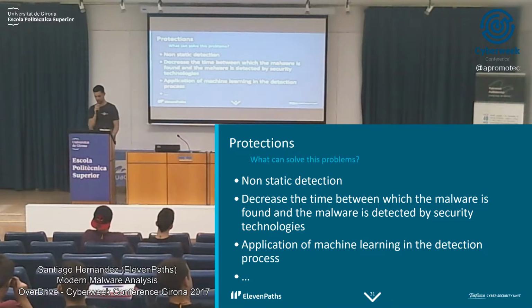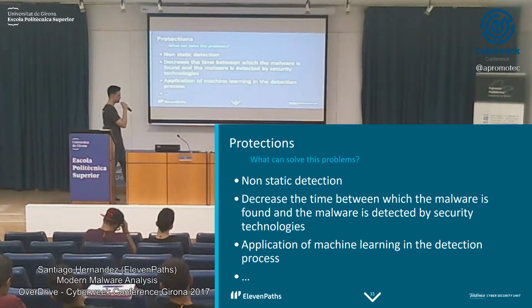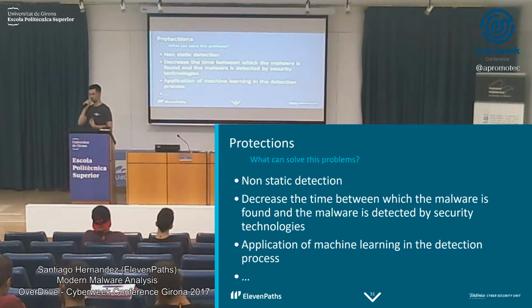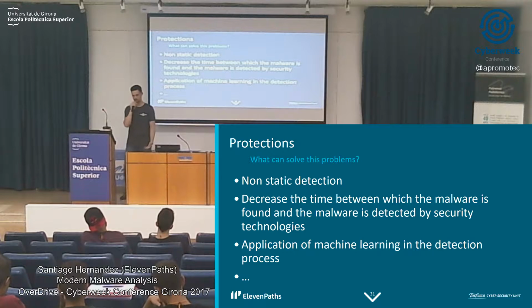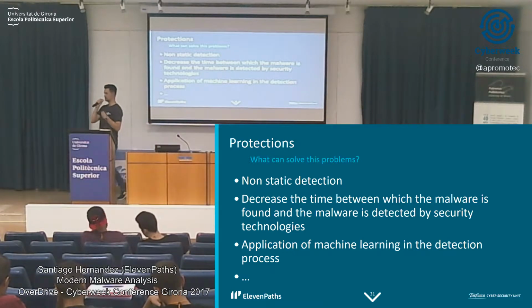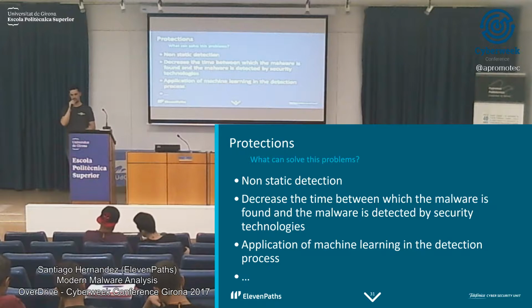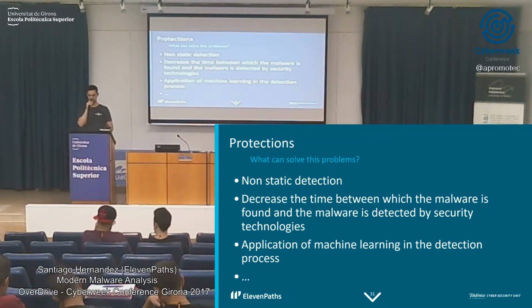That's because, for example, what we can do with machine learning is make a profile of our computer or of our network, and establish the normal behavior of our computer or of our network, and we can, for example, use some anomaly detection algorithms. It doesn't need to know exactly what malware family it has to detect, but it knows that something strange happens.